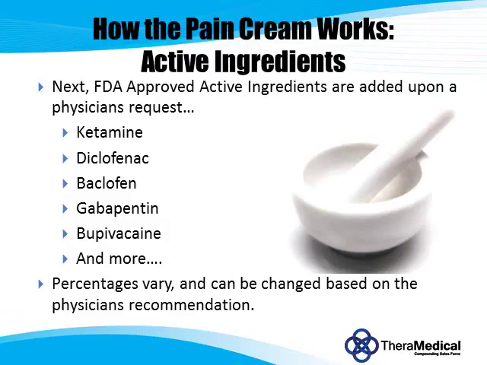The active ingredients added to the base cream can be any medication upon the physician's request. Most commonly, these include ketamine, a nerve pain medication, diclofenac, an anti-inflammatory musculoskeletal pain medication, baclofen, a muscle relaxer, gabapentin, a seizure medication, again used to treat nerve pain, bupivacaine or lidocaine, which is a numbing agent used for any type of pain.